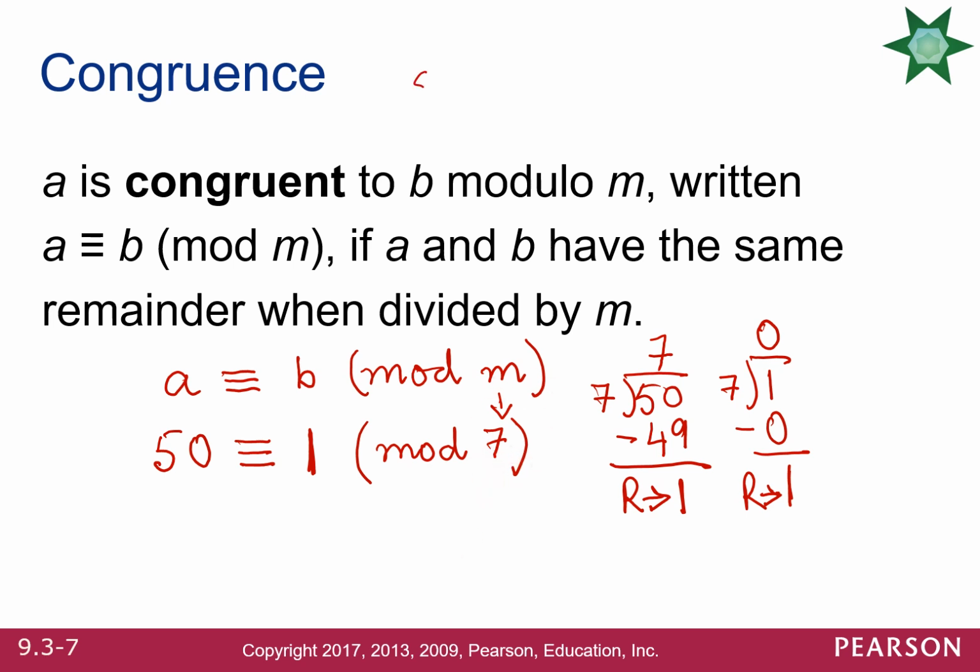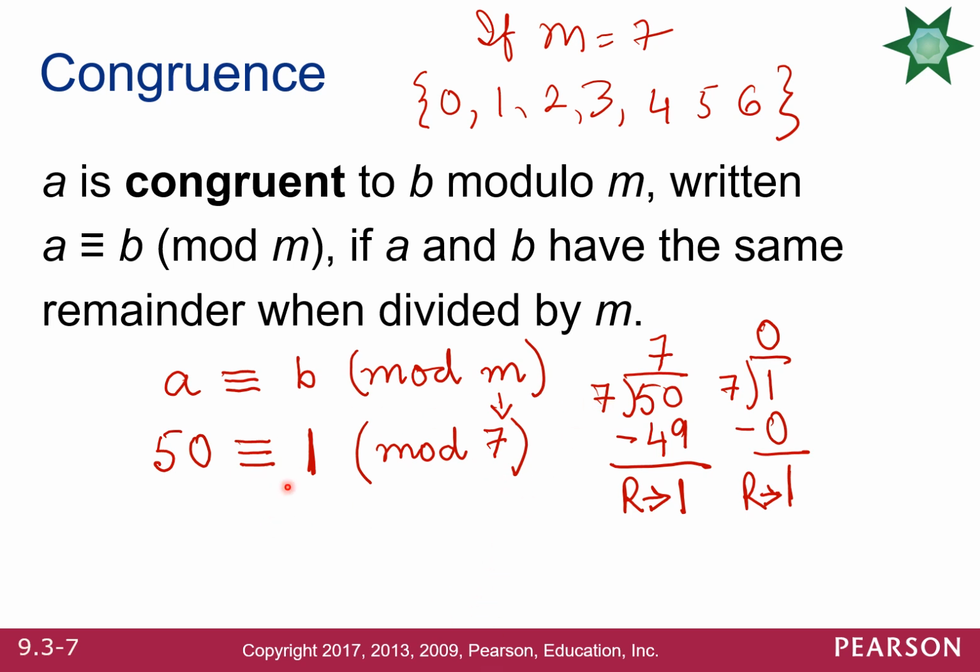It can take values 0, 1, 2, 3, 4, 5, 6 only if m equals 7. So whatever value we use for b should be one of these values if m is 7. It should be less than 7.